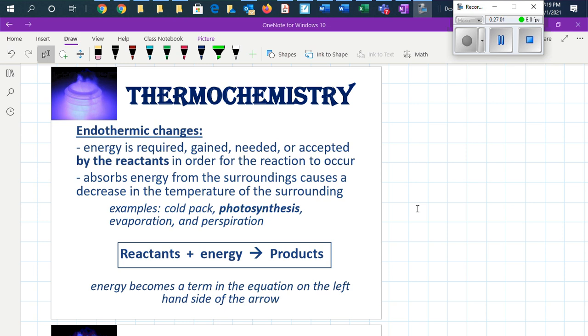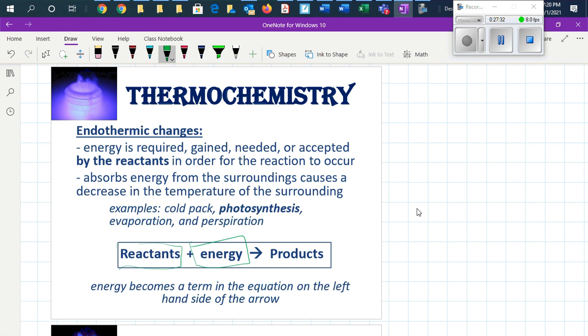In this way, the kinetic energy of the surroundings is decreased, and the temperature is decreased as well, because temperature and kinetic energy are directly proportional to each other. So what we see in the endothermic reaction is that the energy is on the reactant side of the reaction.